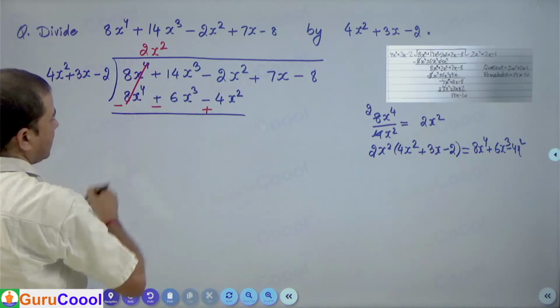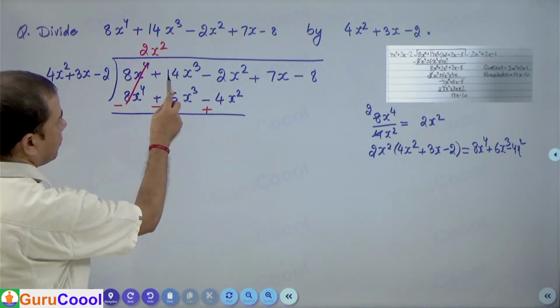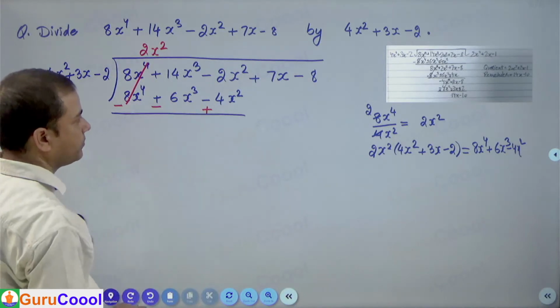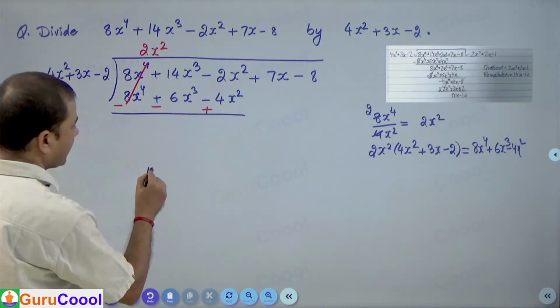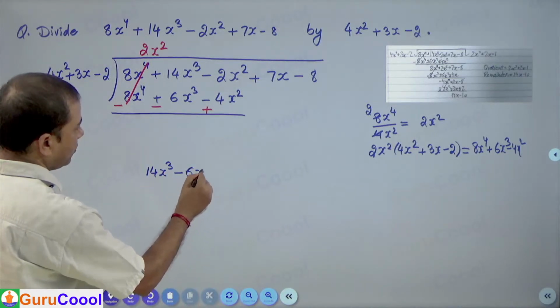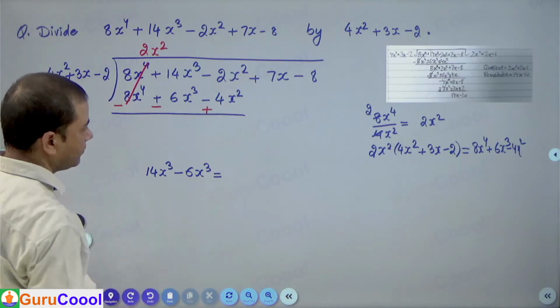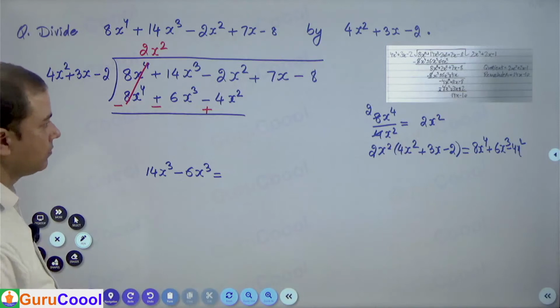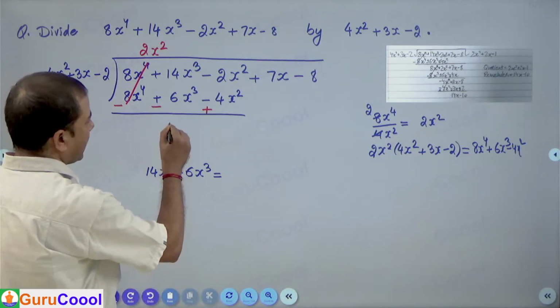First term cancelled. Now plus 14x cube minus 6x cube is how much? Sir, it is 8x cube. So write here 8x cube.